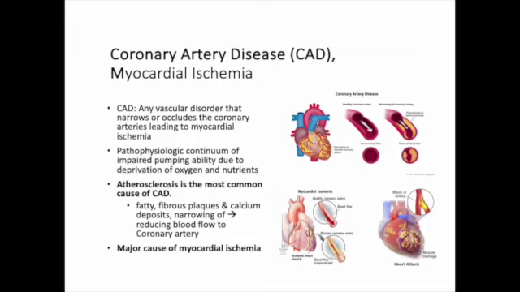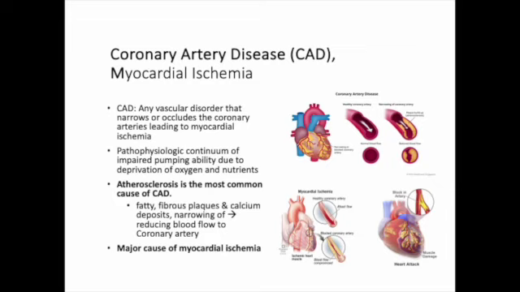With coronary artery disease, we want to think about the disease processes that are now becoming more dangerous to the patient's overall health. Under the umbrella of coronary artery disease is myocardial ischemia.